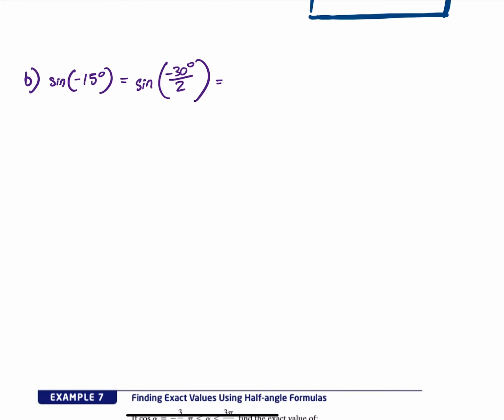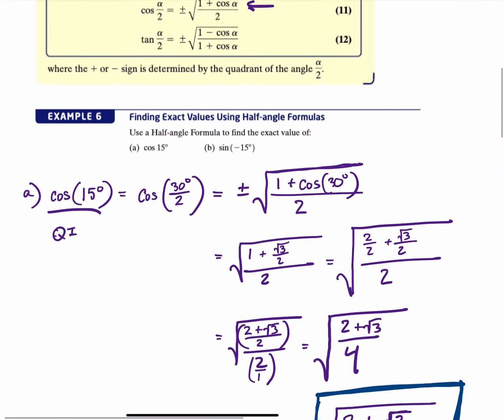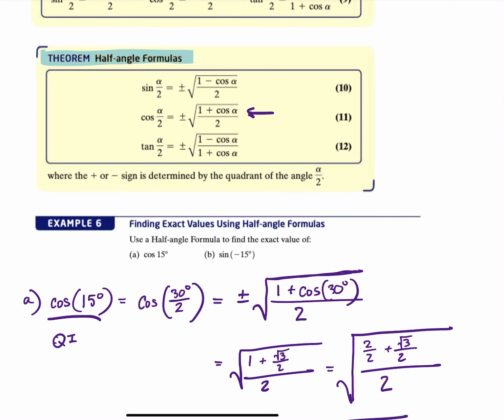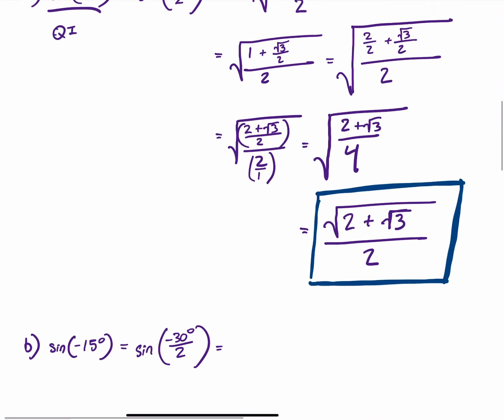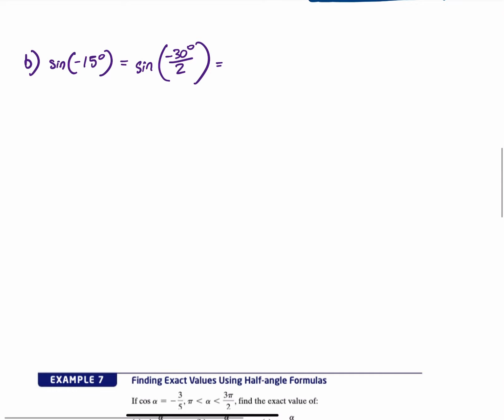So let's use our formula for half angle for the sine. This time we're using this one, plus or minus the square root of 1 minus the cosine of alpha, where alpha is what we're dividing by 2 here, over 2. So this will be plus or minus the square root of 1 minus the cosine of negative 30 degrees over 2.